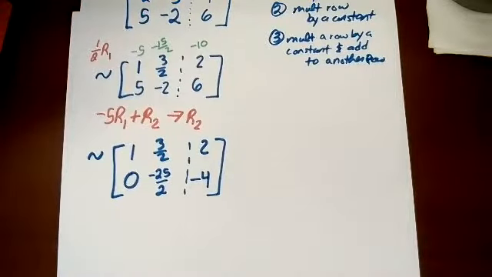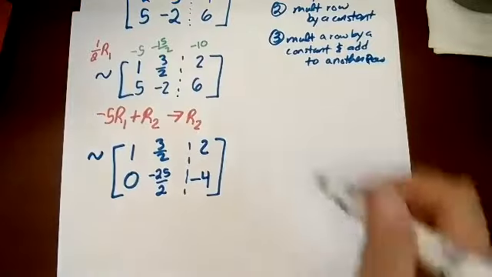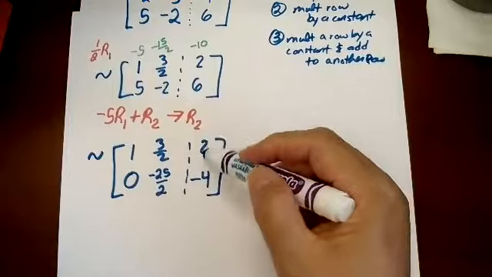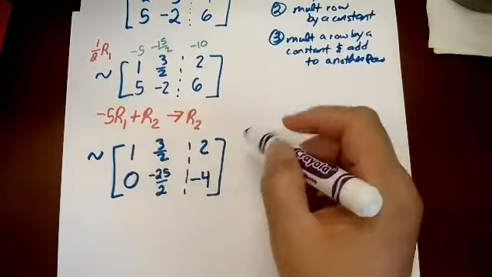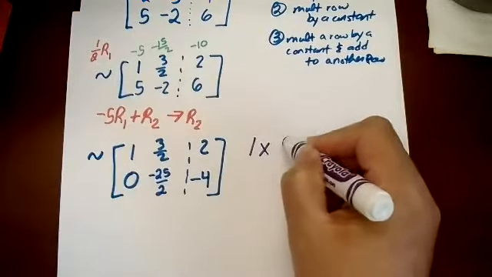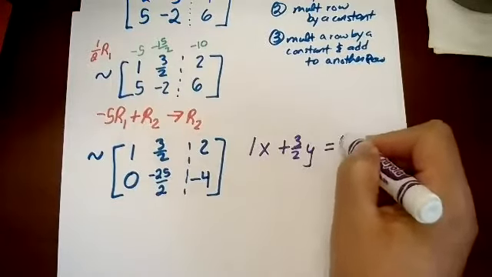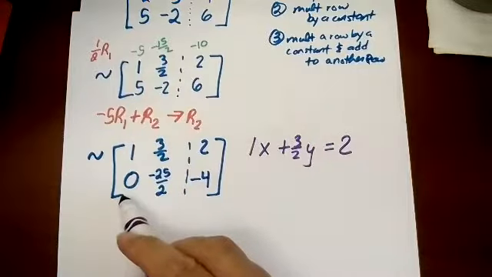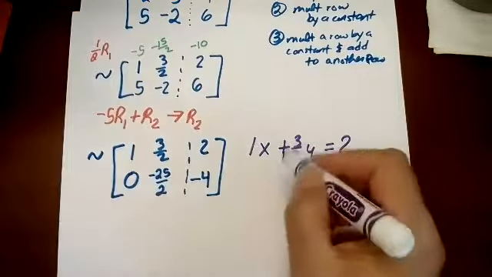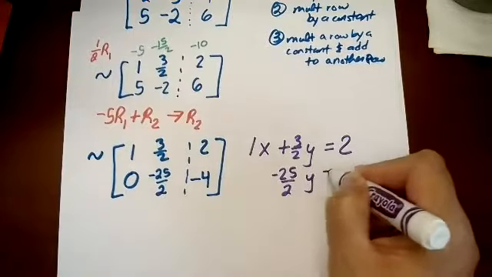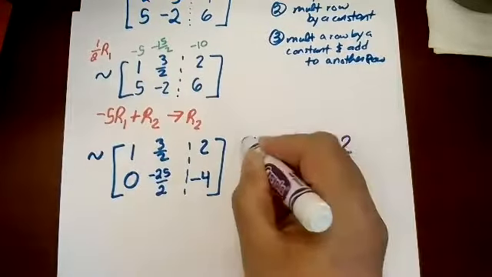These numbers on the left are coefficients of x, these are coefficients of y, and this is the answer. So this is going to be like 1x plus 3 halves y equals 2. This one is going to be 0x. I'm not even going to write the x. Negative 25 halves y equals negative 4.